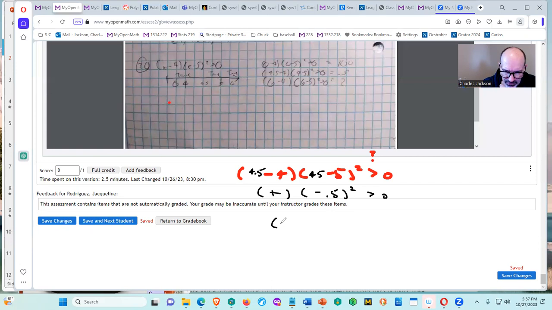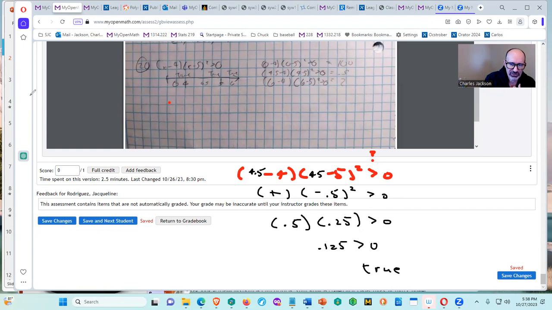So that's going to be 0.25. But you're multiplying two positives, so that's going to be positive. So you do get true in the middle, and let's see on the right. Oh, that's the negative. That's the false.